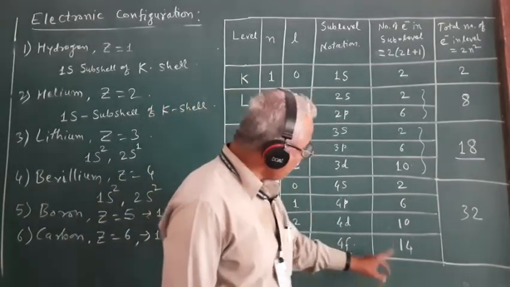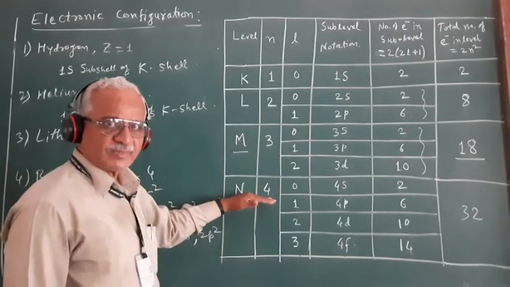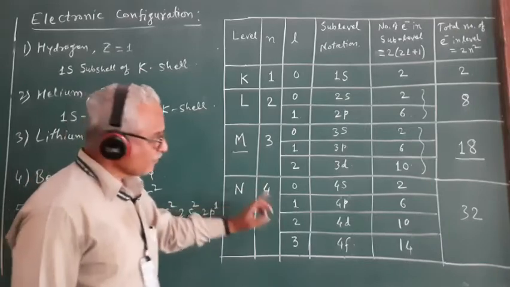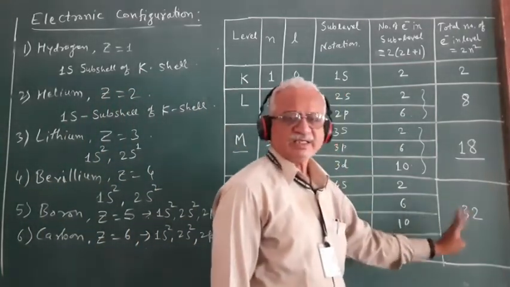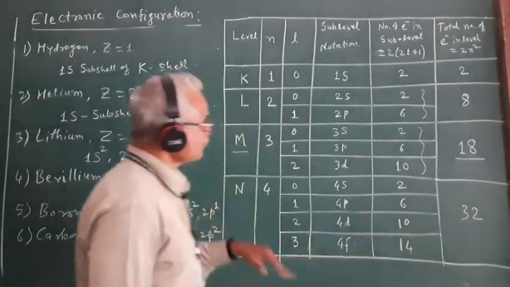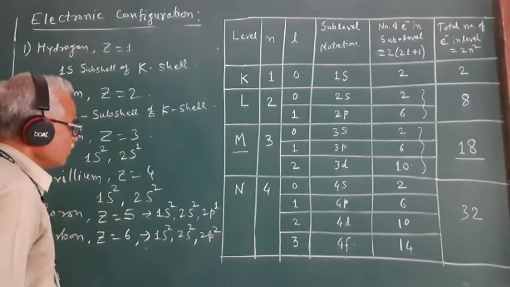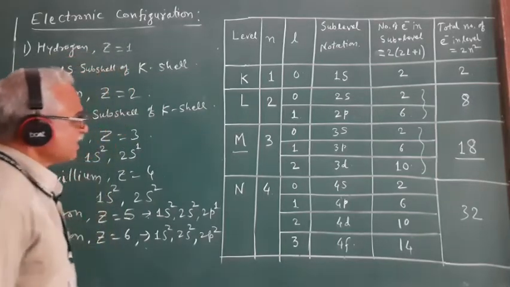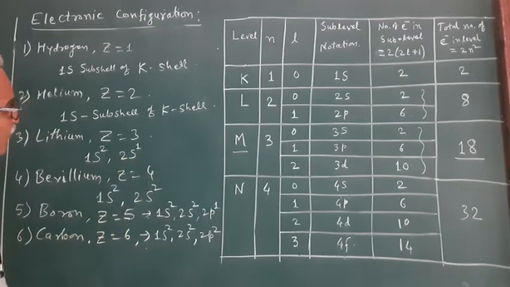So in the fourth orbit, that is in level n, the maximum number of electrons that can be accommodated is equal to 32. So this table summarizes how the different electrons can be accommodated in the different levels or sub-levels.